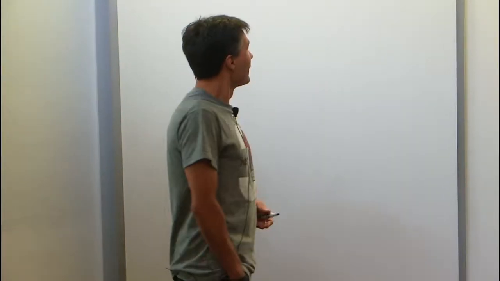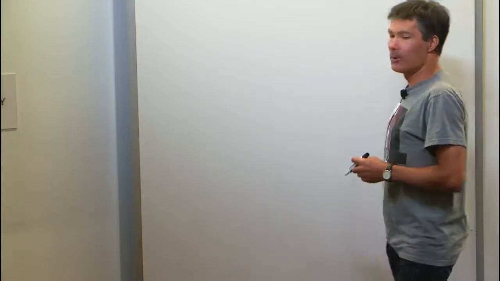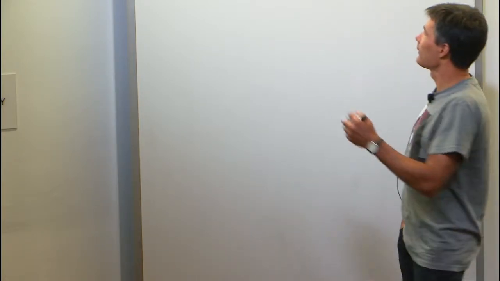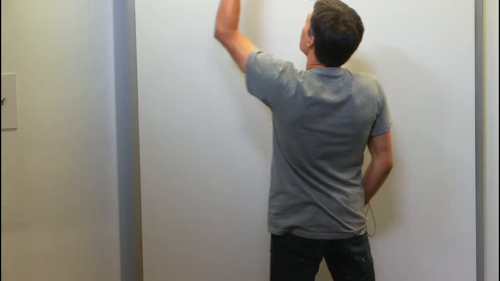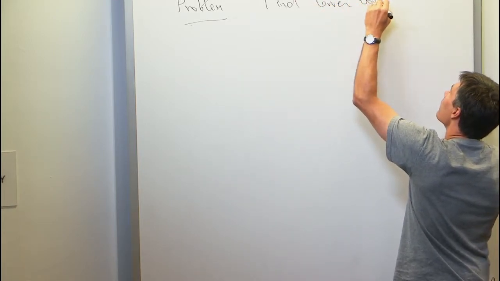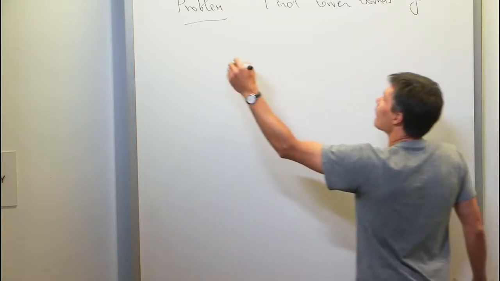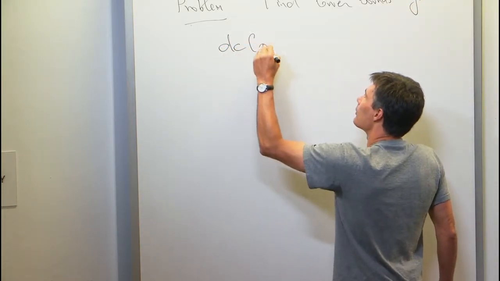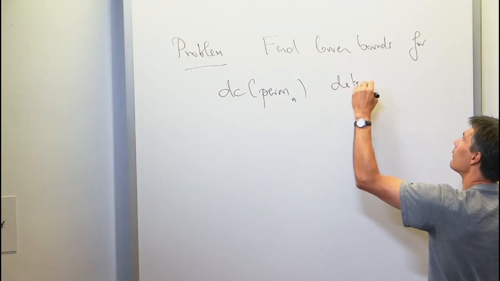Thank you. So let me remember what was the main problem that I was going to address last time. So it was lower bounds for what we call the determinantal complexity of the permanent. So the notation is dc of n, determinantal complexity.